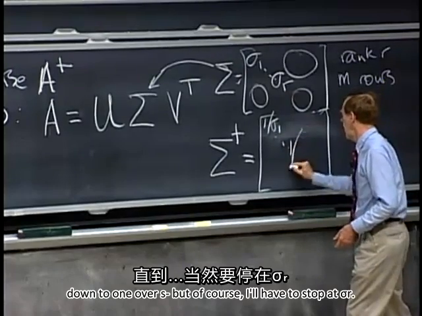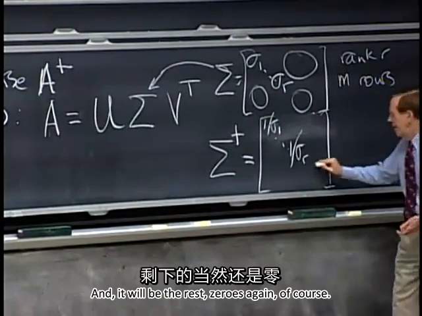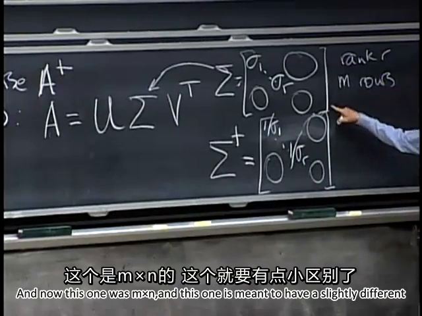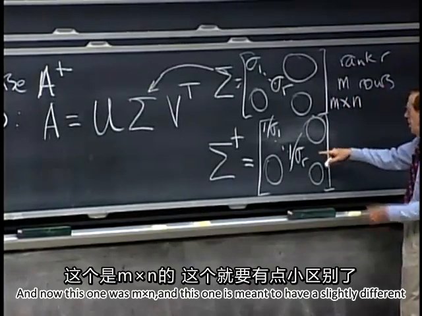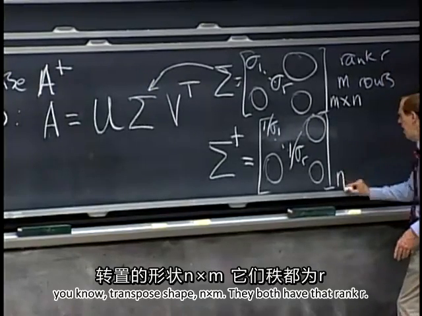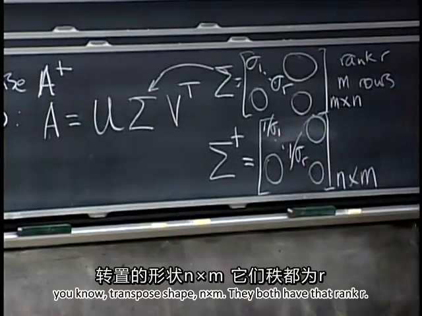But of course, I'll have to stop at sigma r. And it'll be the rest zeros again, of course. And now this one was m by n. And this one is meant to have a slightly different, transposed shape, n by m. They both have that rank r.